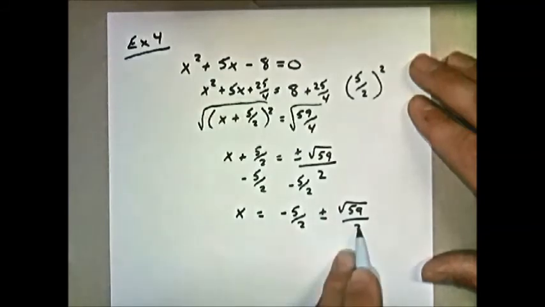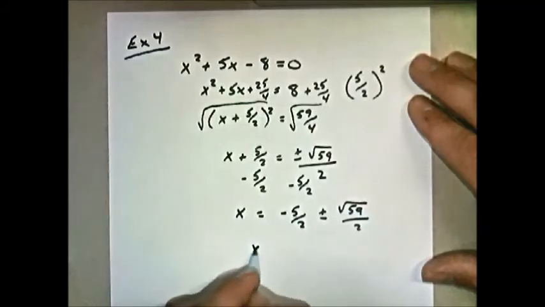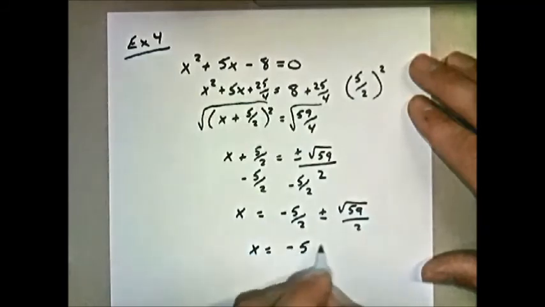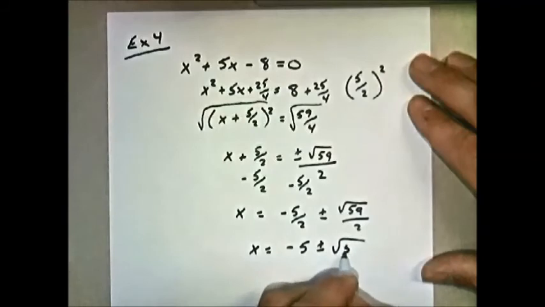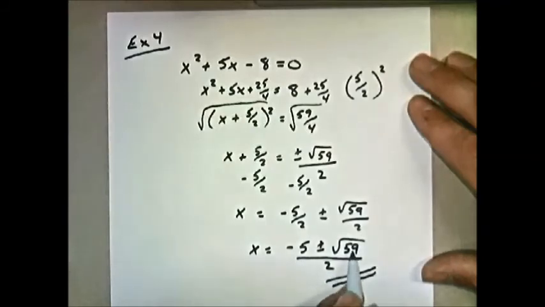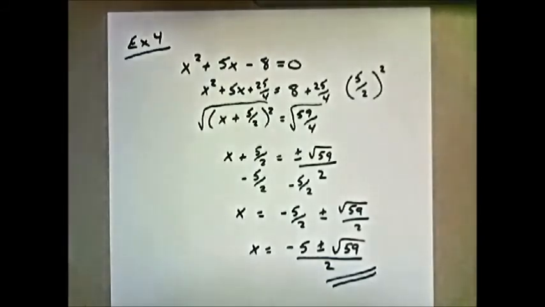Notice my denominators are the same, so I can put my two numerators over that common denominator. Negative 5 plus or minus the square root of 59 over 2. Since I can't simplify the square root of 59, I am finished. And that is completing the square.